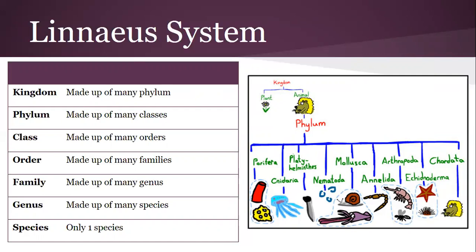So that would be you and dogs and cats and ferrets and pumas, but it would not be things like spiders or worms. They would fall underneath another category. So for example, worms fall under nematoda, and spiders would fall under arthropoda.